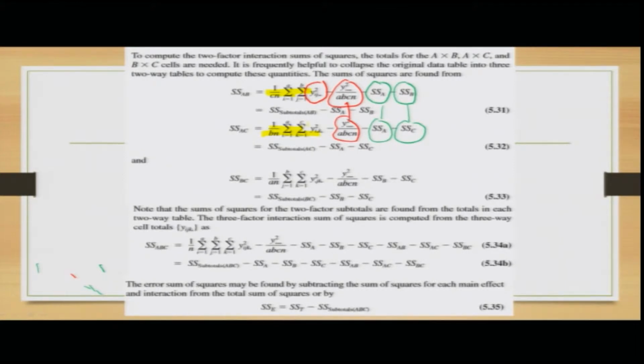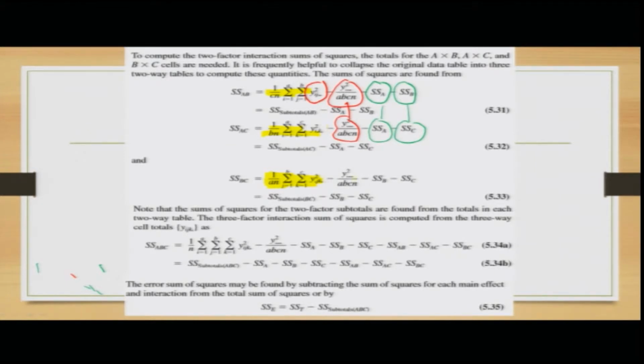If I go to the sum of squares of BC, obviously now the A factor would be there. So, this is 1 by A n divided by n, and the summations are for j equal to 1 and k equal to 1 to the respective values of B and C, and y square would mean that if you are taking B and C, obviously B and C is the second and third, which would be j and k, and the first and fourth would be summed up.